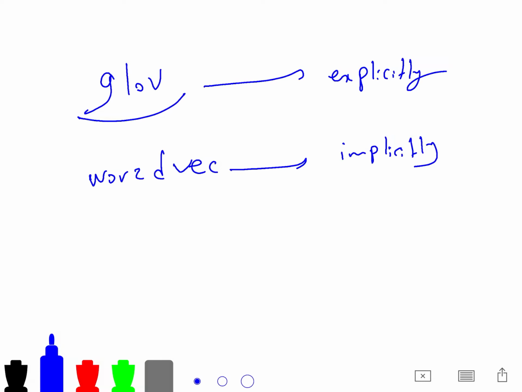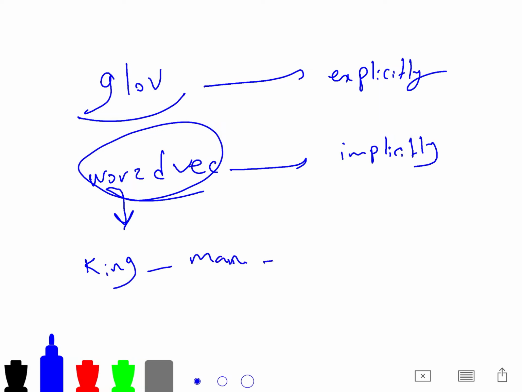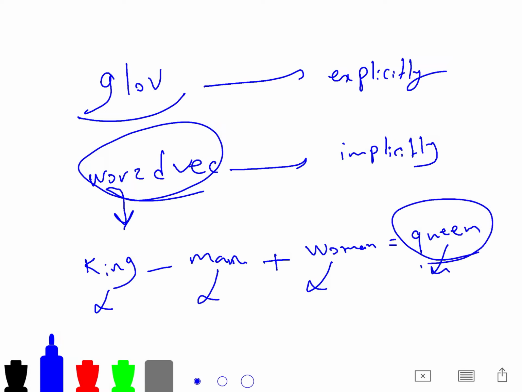And the reason that things like word2vec became very popular is that after training, you notice that, for example, if you subtract man from king and then add woman, it becomes queen. So this is vector, vector, vector, and it becomes another vector. So it has a kind of semantic meaning.